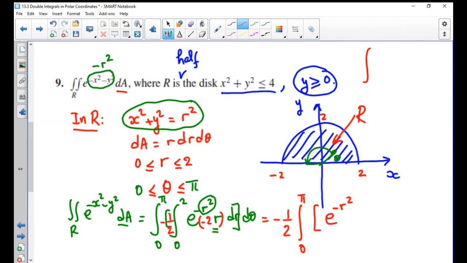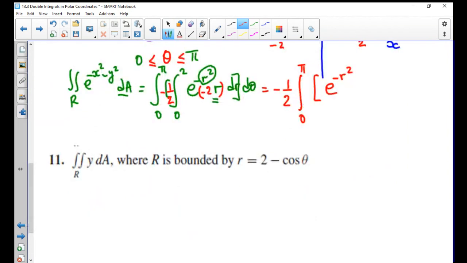Let me remind you what I'm doing here. If you have a u dash e to the u that you want to integrate, that means if you have here exactly the derivative, for example, if you have 2x e to the x squared, what is this integral? e to the x squared, that's it.